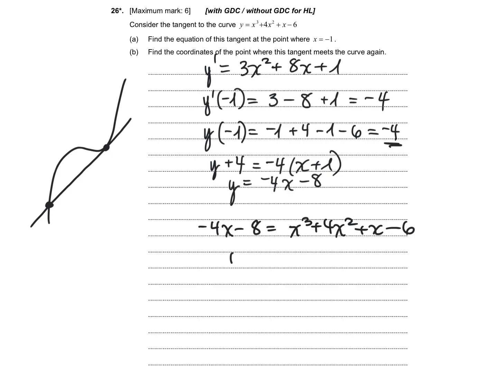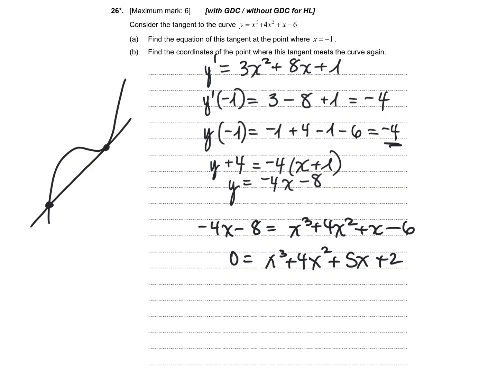Okay, so we've got 0 equals x cubed plus 4x squared, and then plus 5x, and then when we add 8, that's plus 2. So we can't factor this. So we need to find a 0, so an x-intercept. Probably the best place to start is at 1.